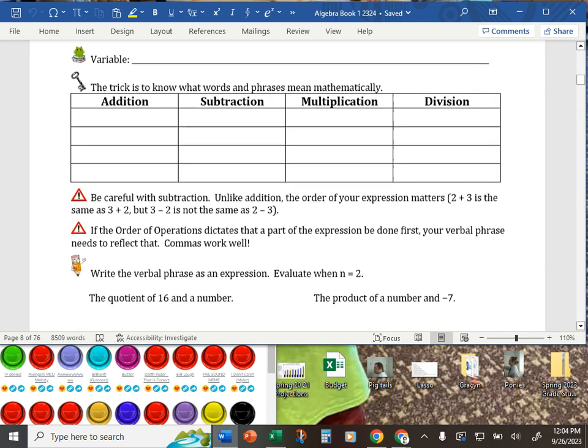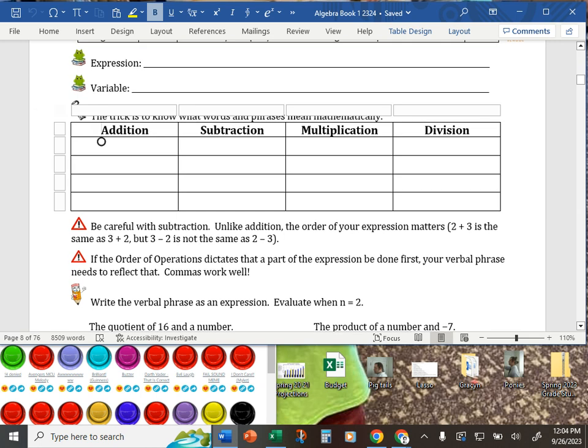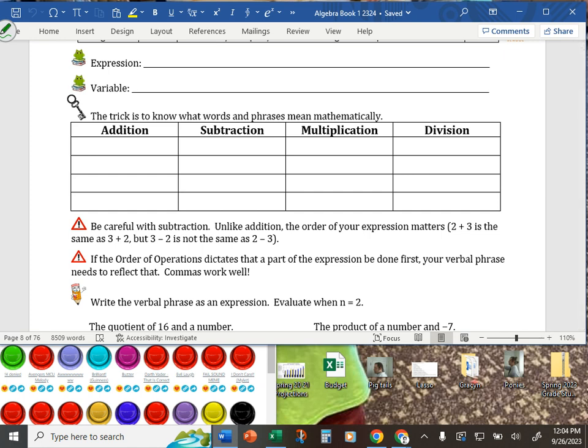But first, let's define a couple things. What is an expression? And not expression like a facial expression, but in the mathematical sense. A mathematical statement. And what separates an expression from an equation?